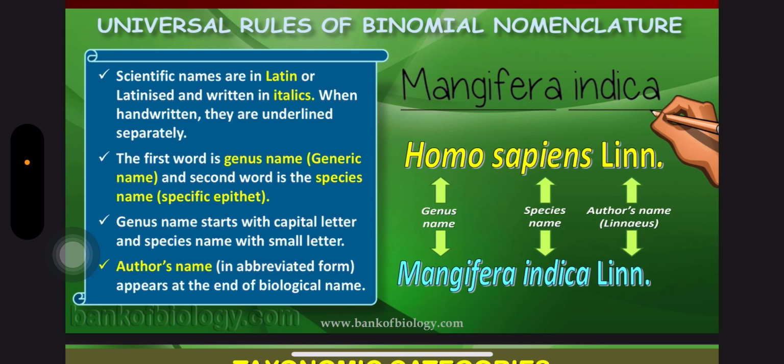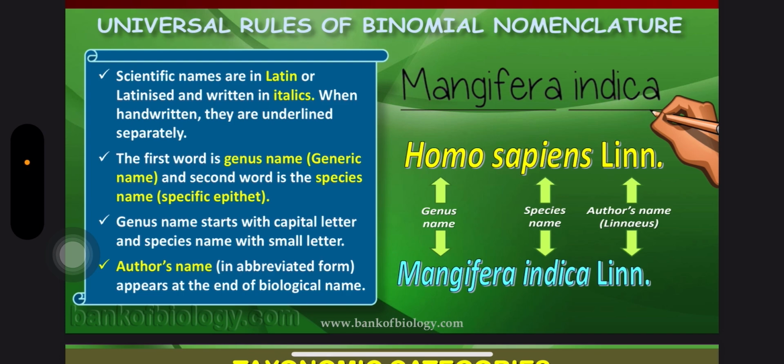Here, Mangifera indica: while writing, the first two components we told, right. The first component is the genus or generic name. The second component is the species or specific epithet. Scientific names are Latinized and written in italics. When handwritten, they are underlined separately. The first word is the genus or generic name.